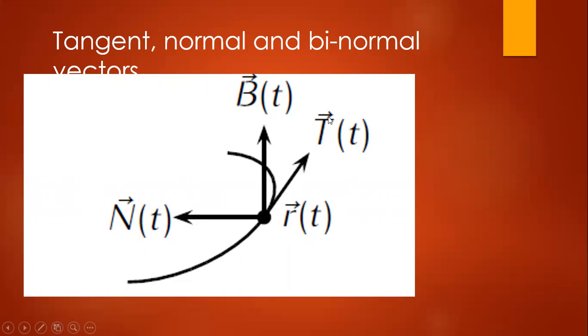We denote it T of t. A vector which is perpendicular to this tangent is a normal, and a vector which is perpendicular to the normal is a binormal. This one is the binormal, and this point is the tangent point. At one point there is only one tangent.